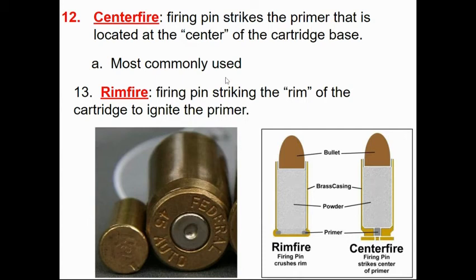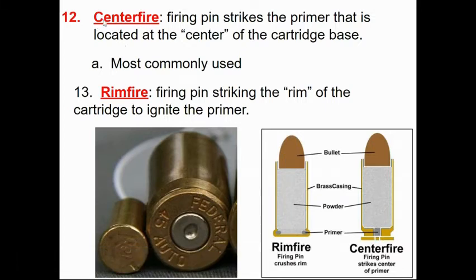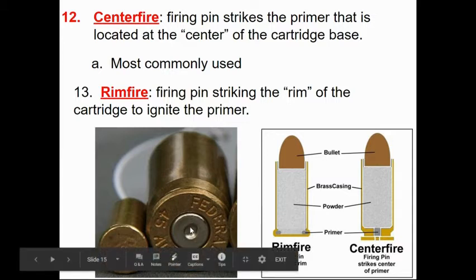There are different ways to strike this round of ammunition for it to detonate and fire. So one of them is called center fire, and this is where something called a firing pin is going to strike the primer, which is at the center of the cartridge base, and it is the most common in use today. So right here, there is a picture, and we can see there's a little indentation right here in this round of ammunition.